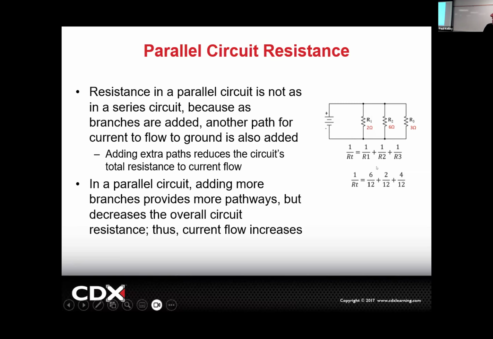Let me think about that. 2 divided by 12 would be 6, so that's why it's 6 over 12.